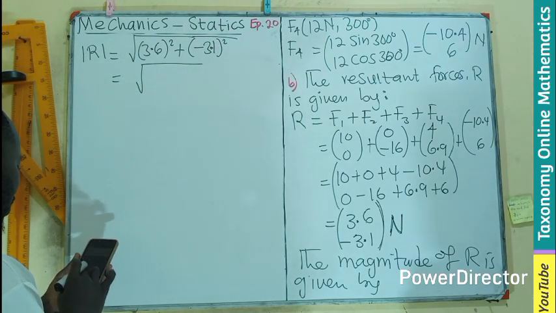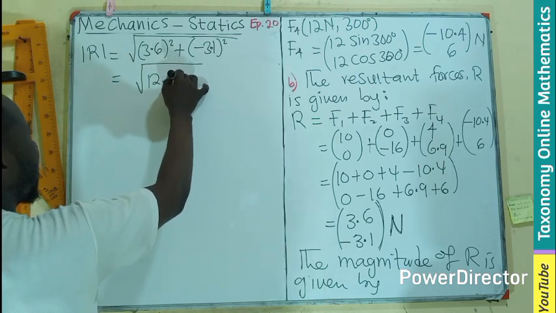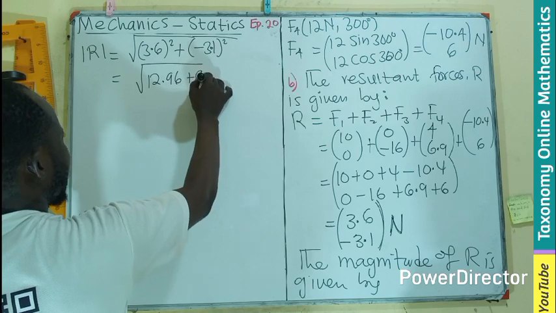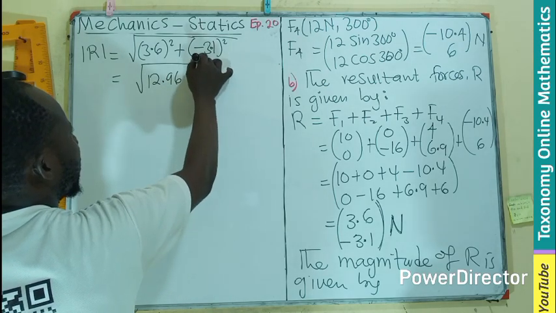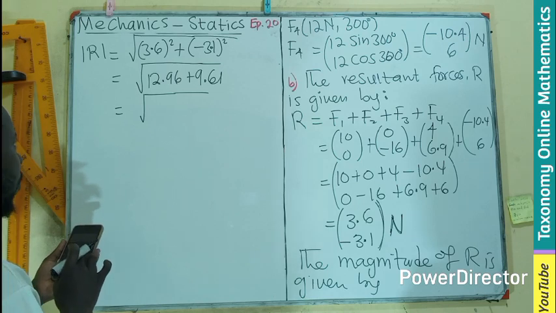This will be 3.6 times 3.6, that will give you 12.96. Negative 3.1 times negative 3.1 gives us 9.61. Let's add all of them together and see.